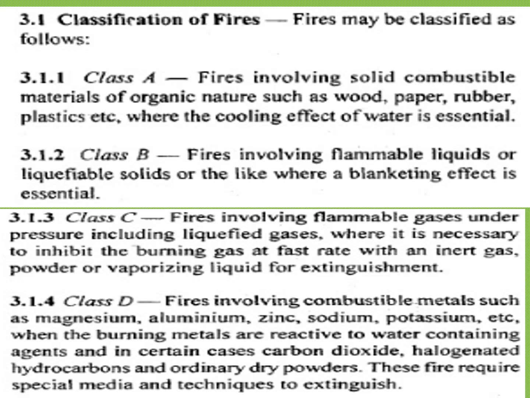Class B fire involves flammable liquids, and Class C implies flammable gases, and Class D is of course combustible metal such as magnesium, aluminum, zinc, sodium, potassium, etc. We'll keep this classification of fire in mind while discussing the type of cylinder to be used.